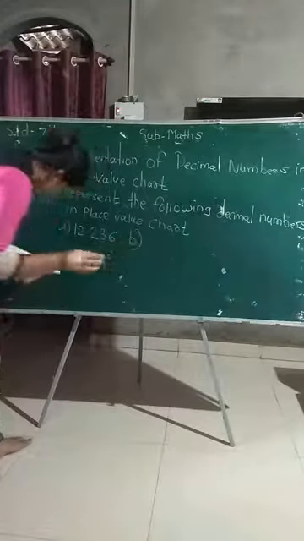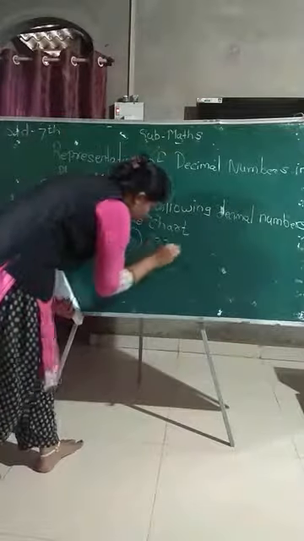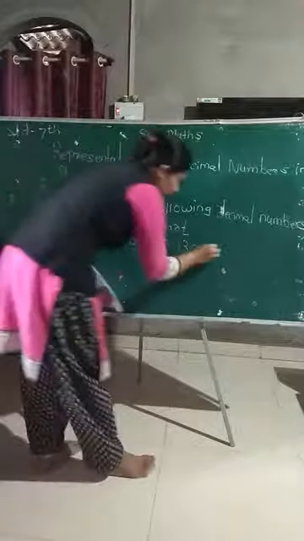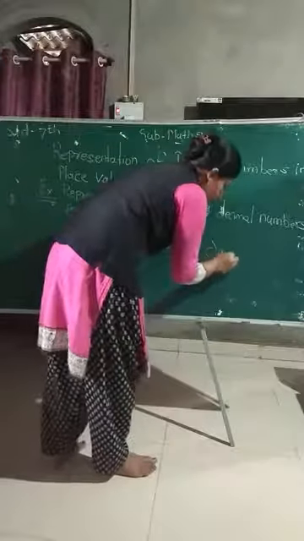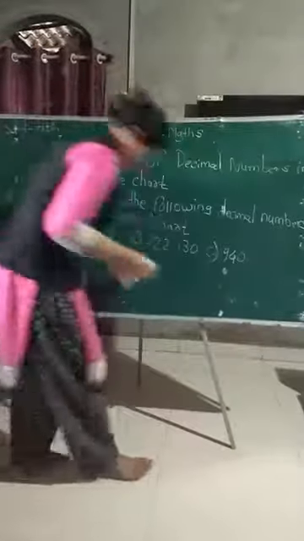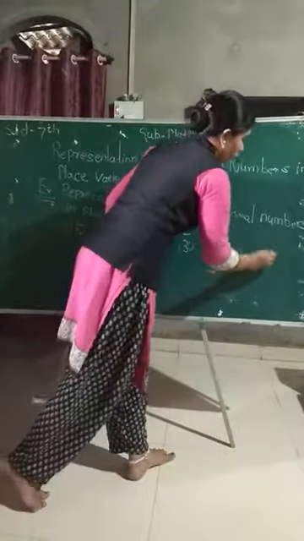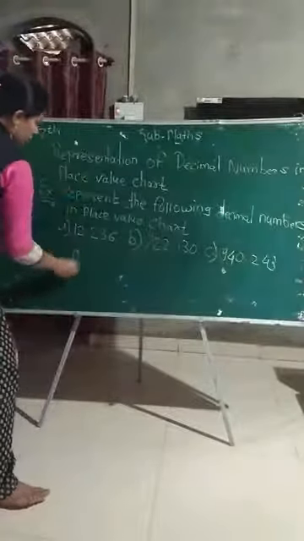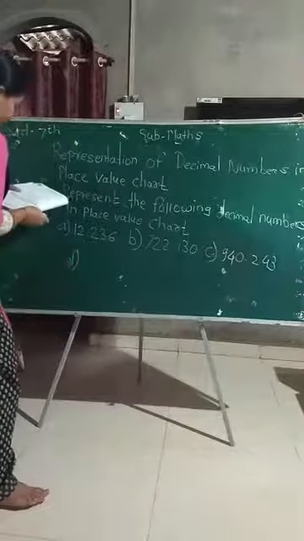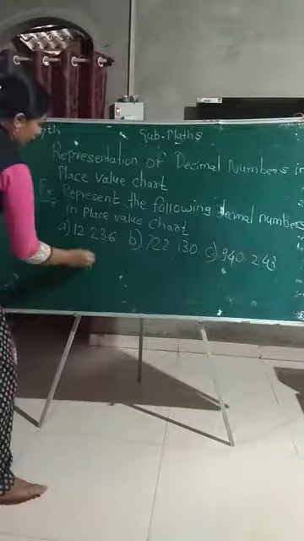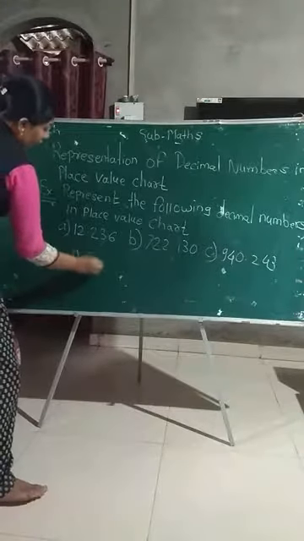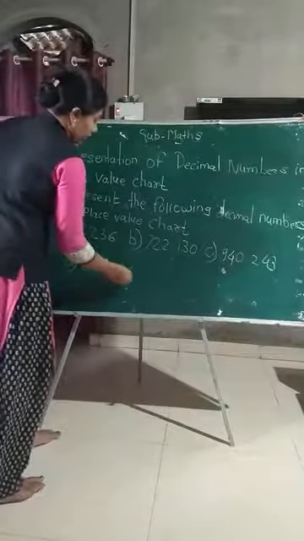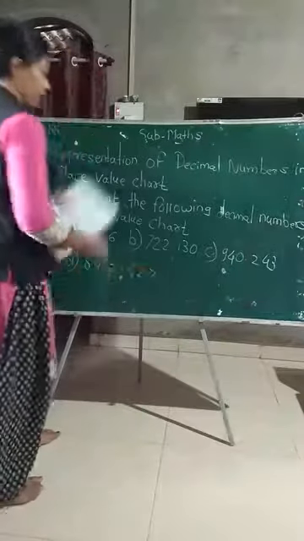B is 722.130. C is 940.243. D is 8,452.627.